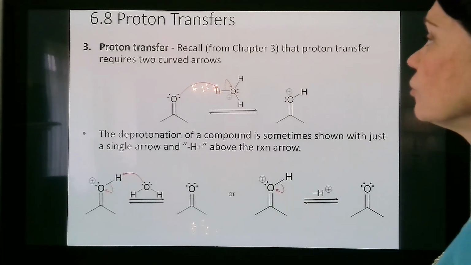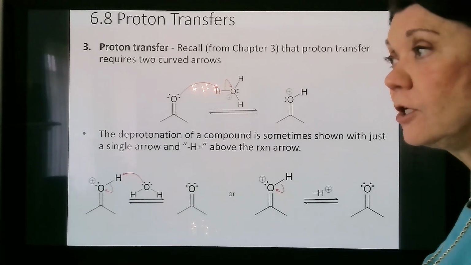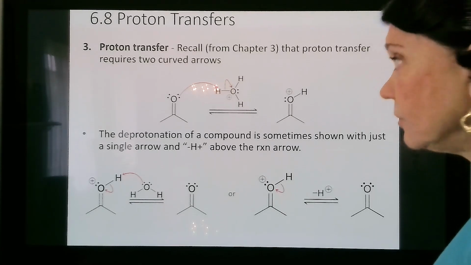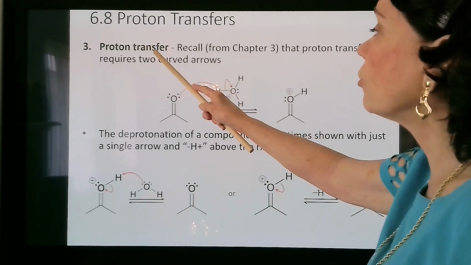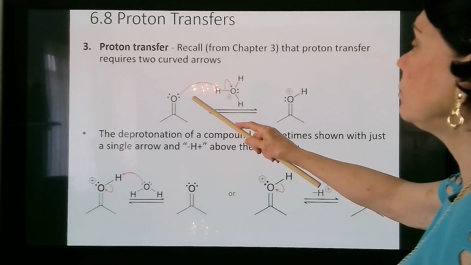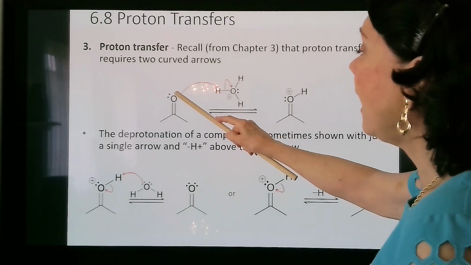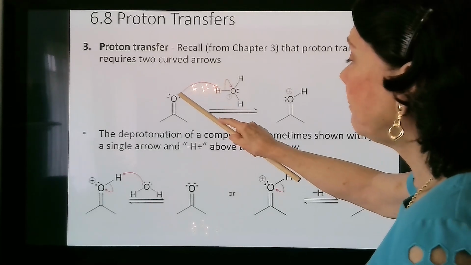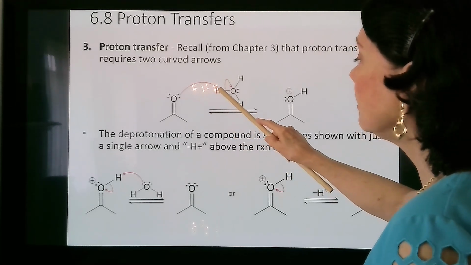Proton transfers. So remember, this is where I substituted the acid base. NLAR, N-L-A. So this is the acid-base proton transfer, with 2 curved arrows. So here we have the carbonyl non-bonding pair picking up the proton.